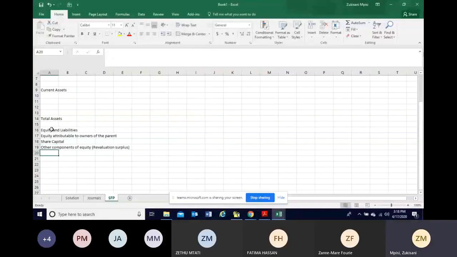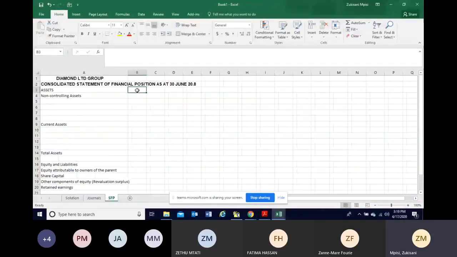Then we've got retained earnings, and then we've got non-controlling interest, and then we've got total equity. This is the part that is easy that we can quickly do. Everything else falls under here.